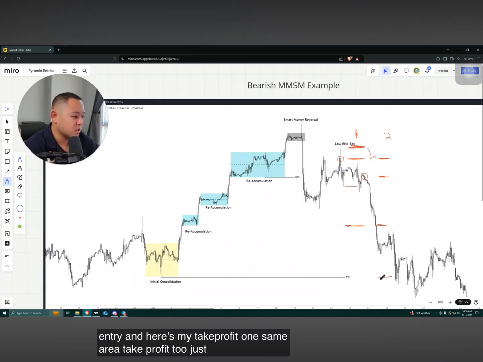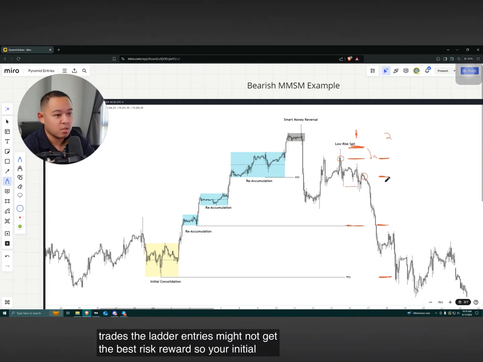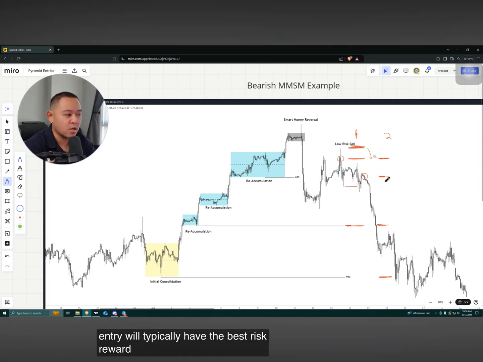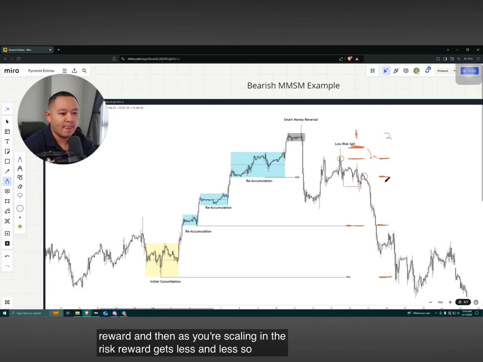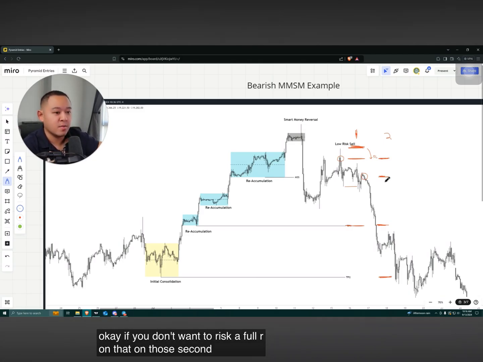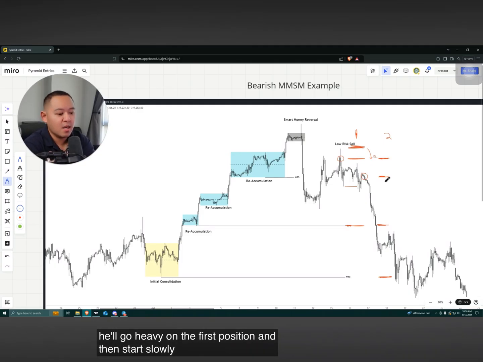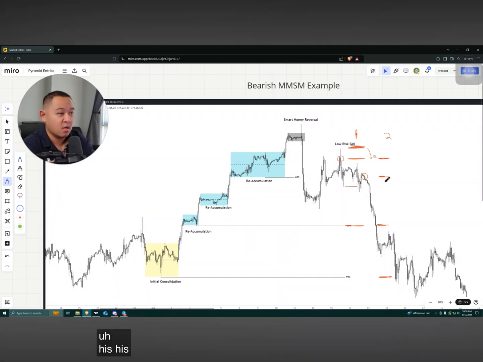Just also keep in mind that when you're scaling into your trades, the latter entries might not get the best risk reward. So your initial entry will typically have the best risk reward, and then as you're scaling in, the risk reward gets less and less. So it's okay if you don't want to risk a full R on those second positions or third positions. And I know ICT does that. He'll go heavy on the first position and then start slowly adding in on his following areas where he's scaling in.